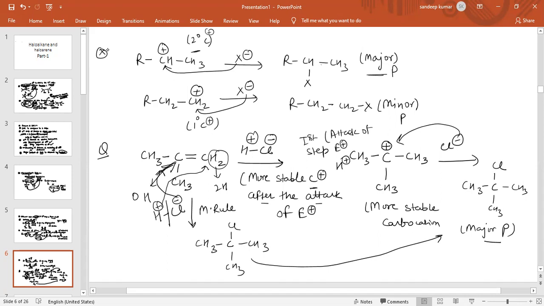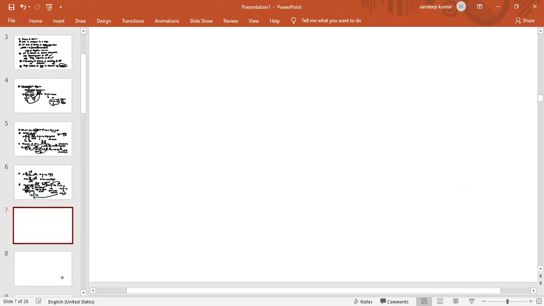Now see the next question. If a compound is given like this, CH2 double bond CH and CCl3, and there is an addition of HCl.